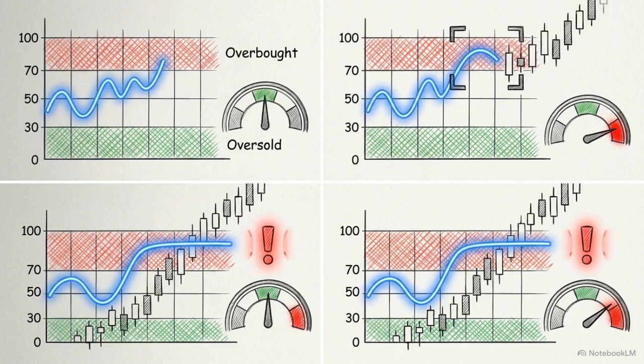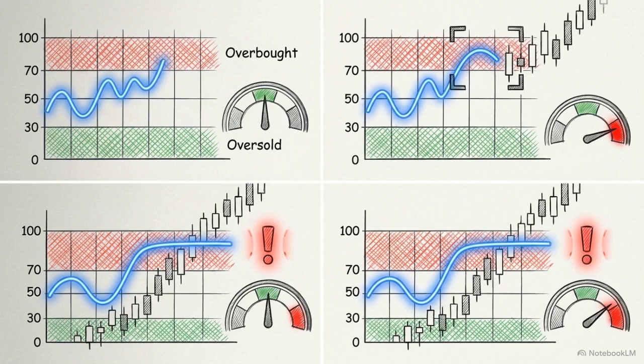As you can see, it's a horizontal chart scaling from 0 to 100, with specific zones highlighted at the top and bottom. When the RSI line crosses up into that red zone above 70, it suggests the currency pair is overbought. The math indicates buyers are exhausted, and a downward price correction might be coming.